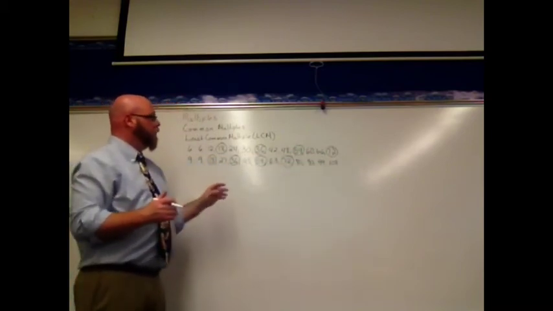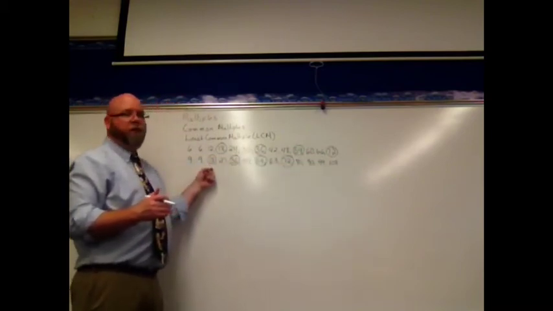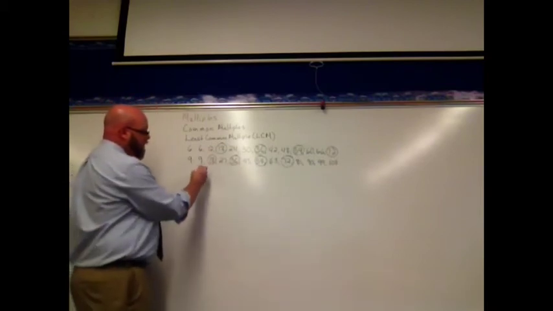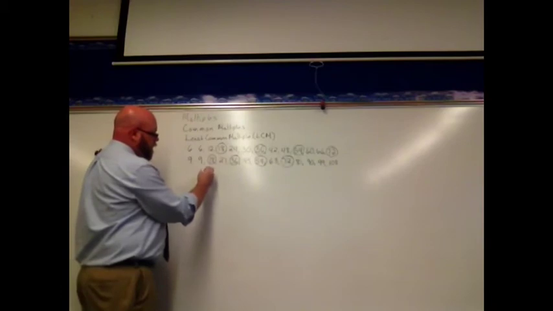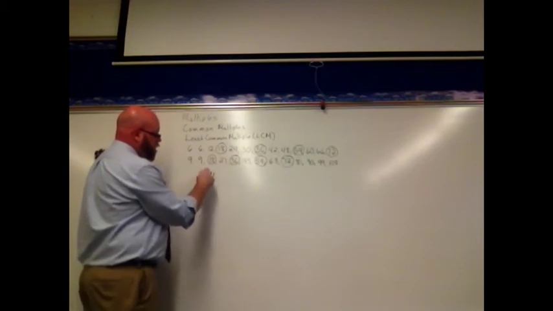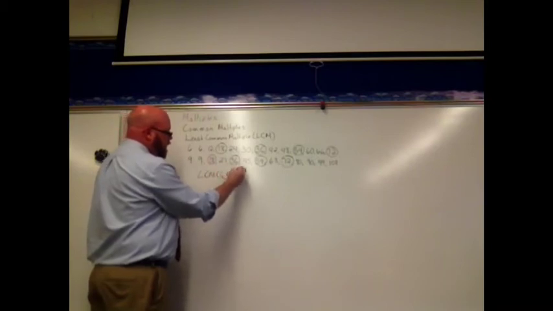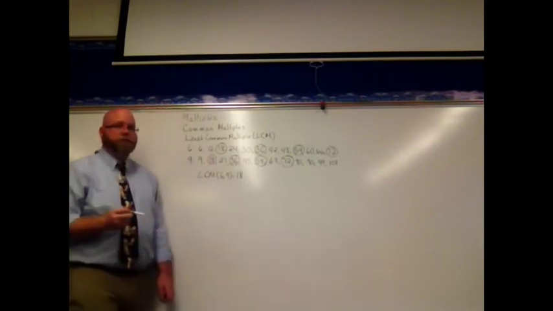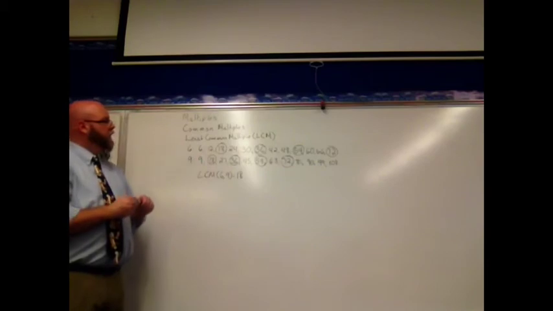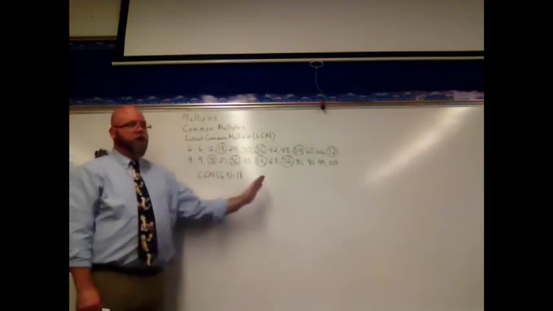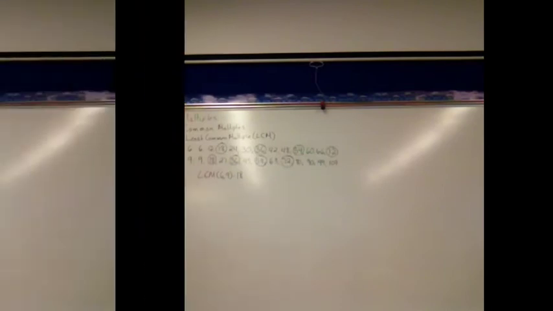The least common multiple, again, is the smallest number in that list of shared multiples. So we would say the least common multiple, the LCM, of 6 and 9 is 18. Again, the least common multiple is the smallest multiple of all the shared multiples a group can have.